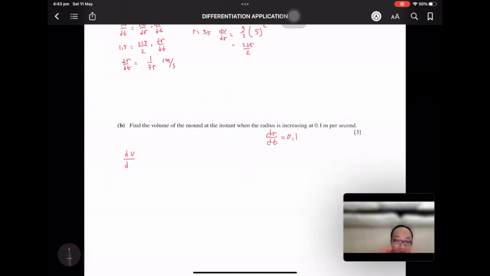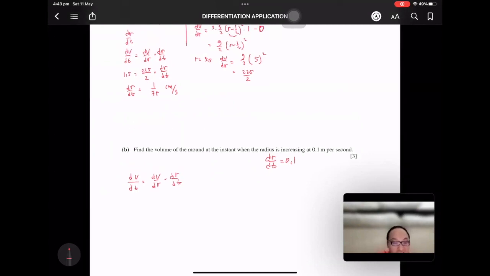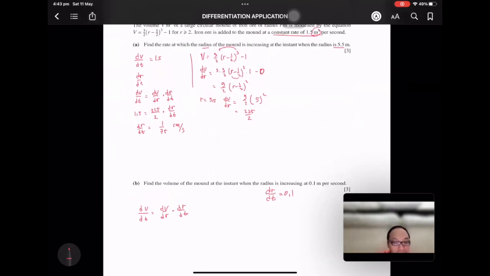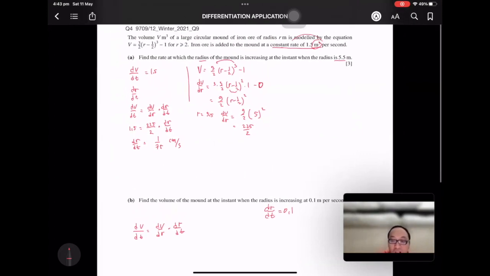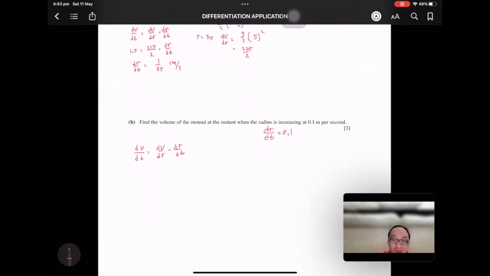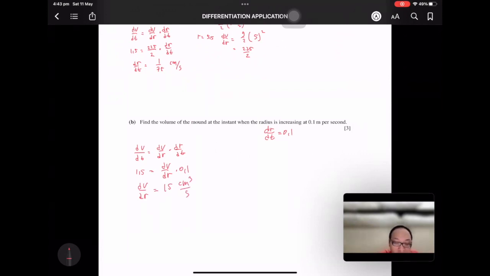So we have dV/dt equals dV/dr times dr/dt. Now the dV/dt is constant, so I can put 1.5. The dV/dr will change, times dr/dt which is 0.1. So dV/dr will equal 15 centimeter cube per second, per centimeter.